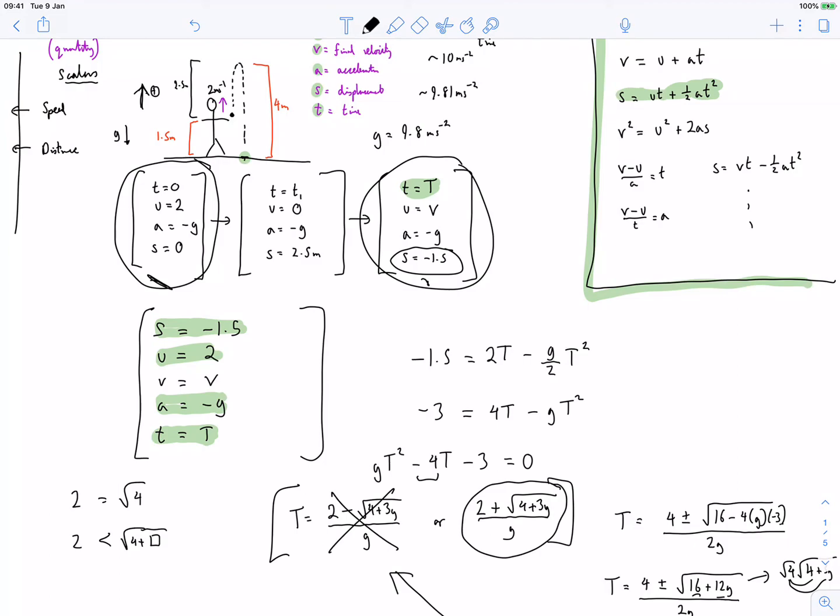And if you're interested, that is going to be 2 plus the square root of 4 plus 3 lots of 9.8 all over 9.8.